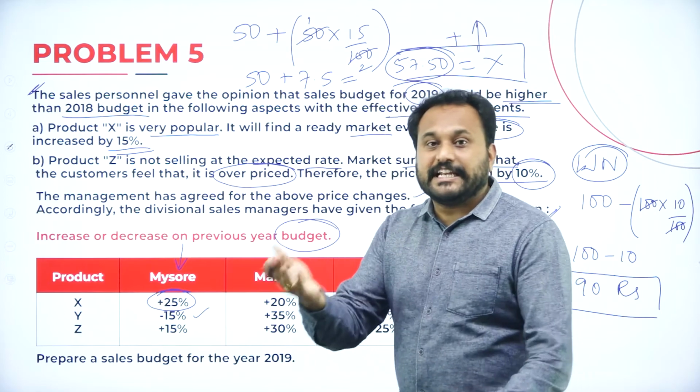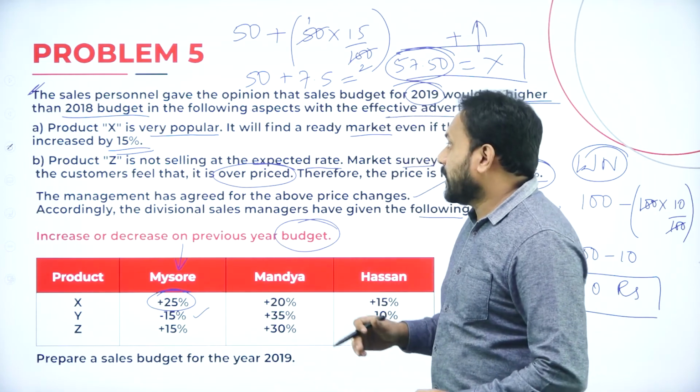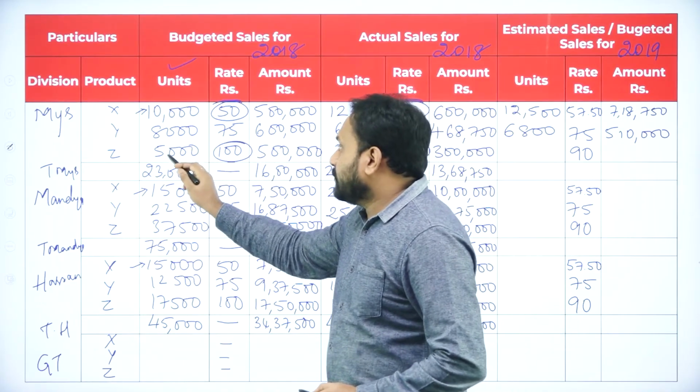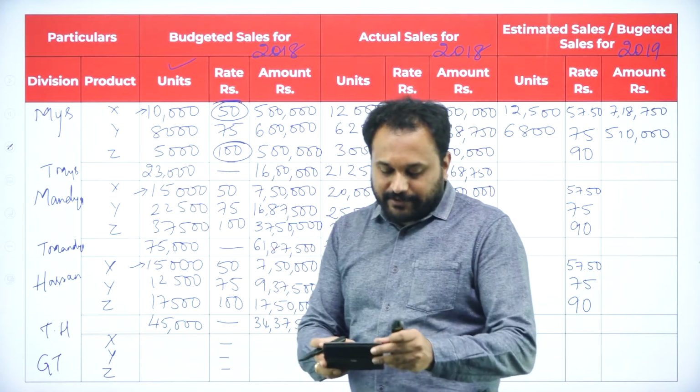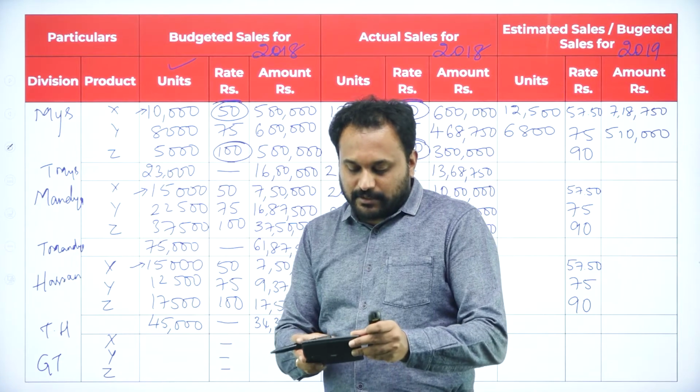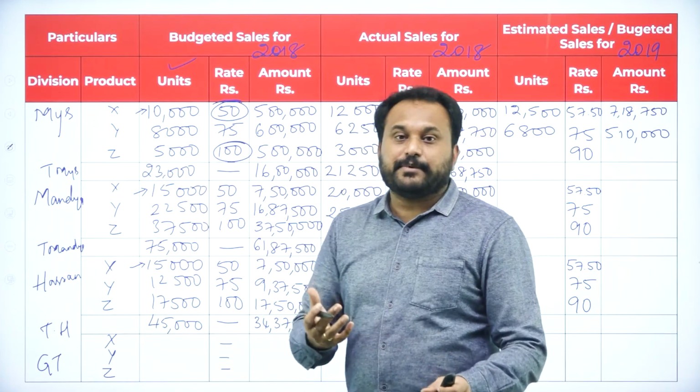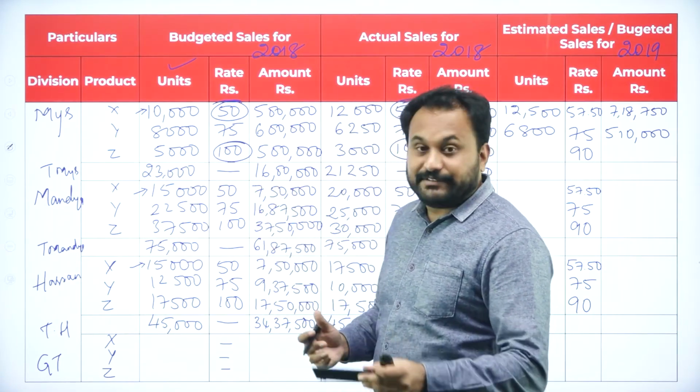The last one here we have in Mysore, 15% we are supposed to increase. Earlier, 5,000 was that. You need to increase it with 15%. Take that 5,000 into 15%. 15% of 5,000 is 750.